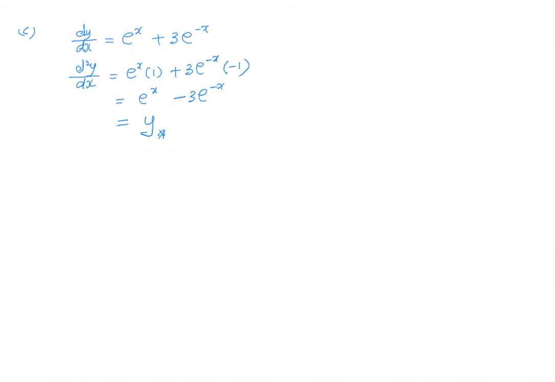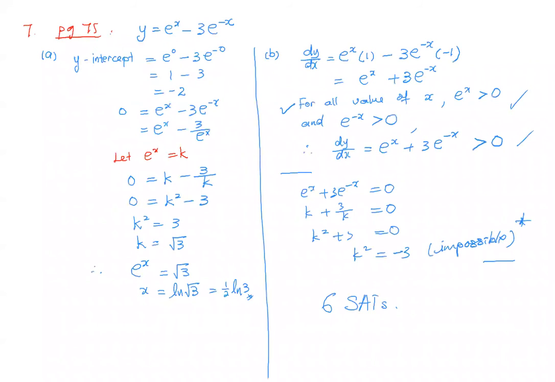So what can you say about the concavity of the function? Look, this is equal to 0, correct? Just now we have done it in the first part, so it happened at this point. So we don't have to do it again.